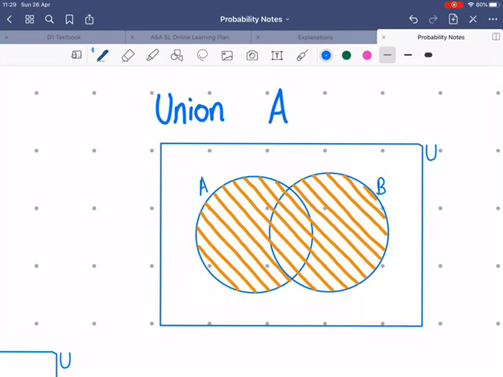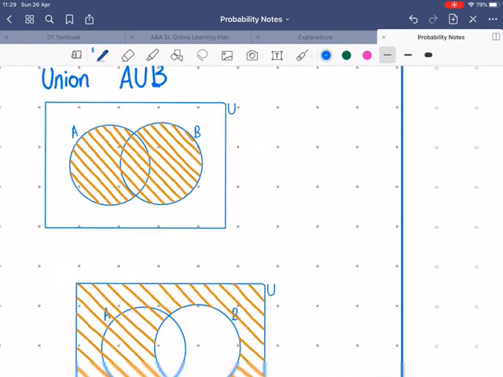They're joined together. And this is going to have the exact opposite symbol, just an upside down intersection symbol, or you can think of it as almost a U for union, although it's not just a U really, it looks slightly different than a U. But that is A or B or both.